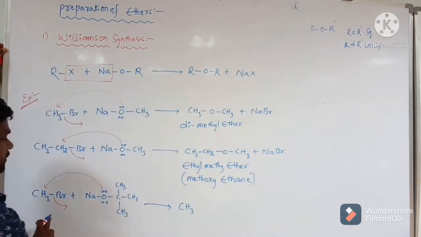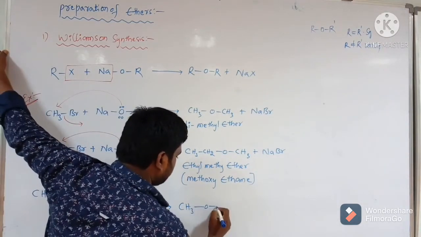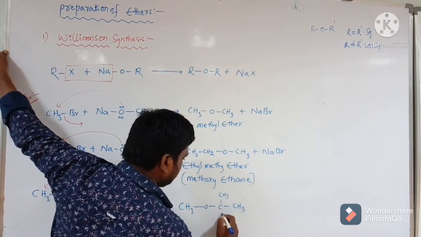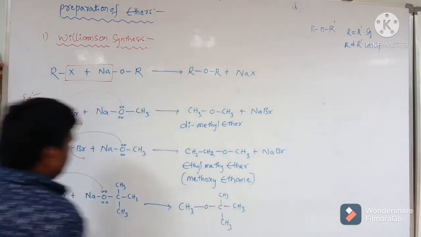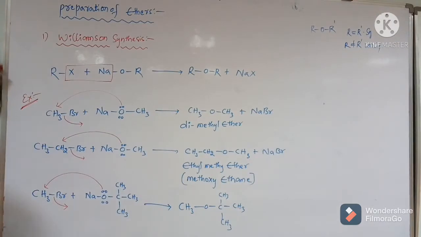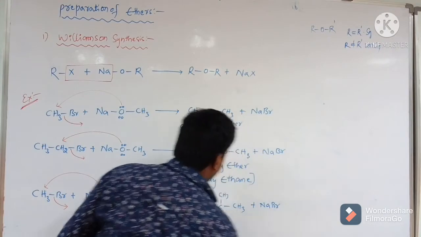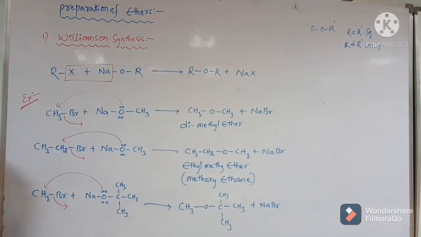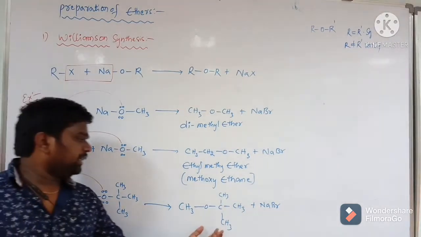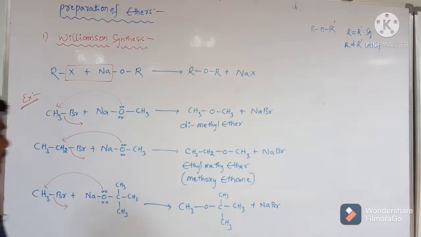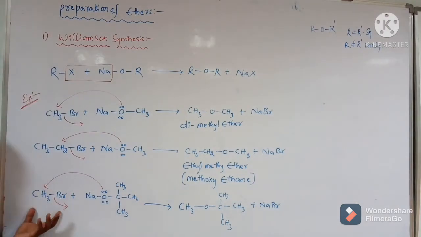If any bulky group is present, the reaction does not take place by the SN2 pathway. Plus NaBr. So this type of mechanism appears. This is the preparation of an unsymmetrical ether, with a primary alkyl halide.